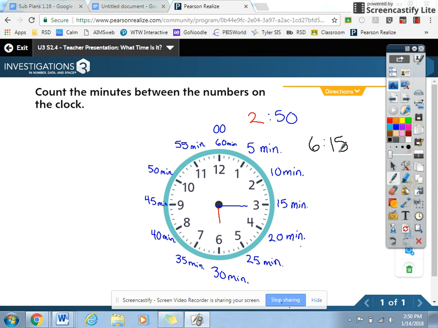So whatever the long hand is pointing to, we don't read the inside number. We look at the minutes and what minute that would be. And I can count on the clock to figure that out. 5, 10, 15, 20, 25, 30, 35, 40, 45, 50, 55, 60.